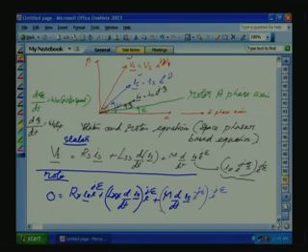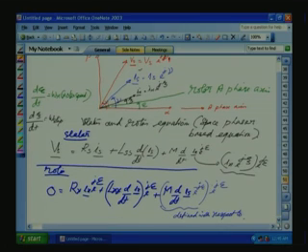Why? This term is defined with respect to the rotor axis.